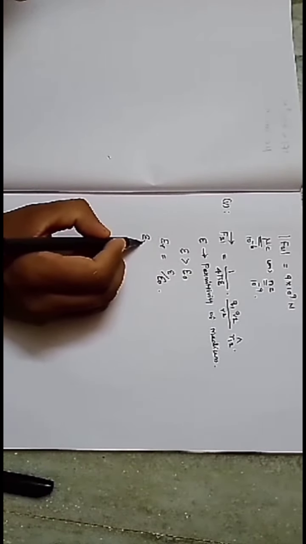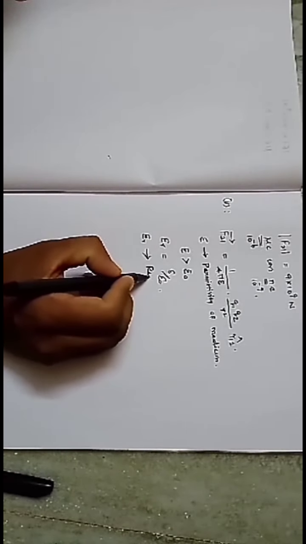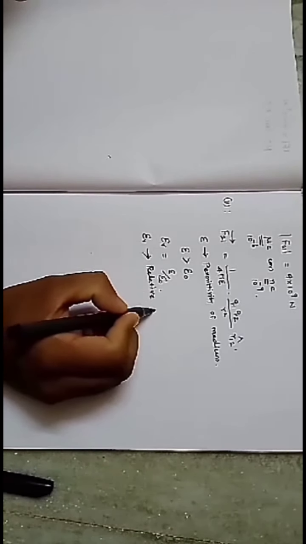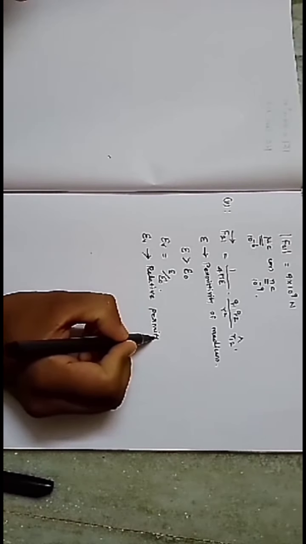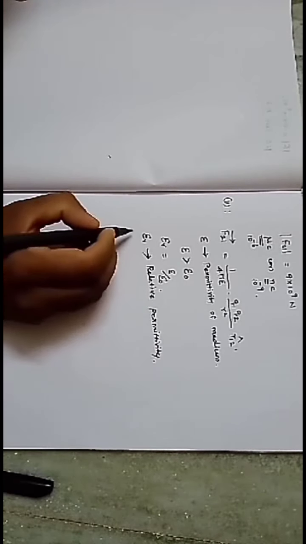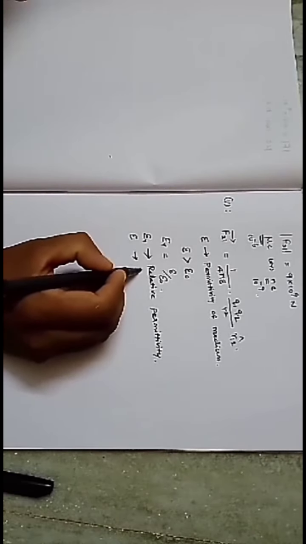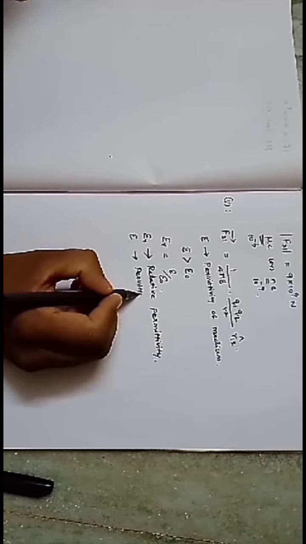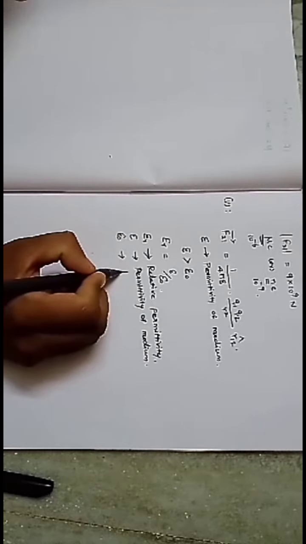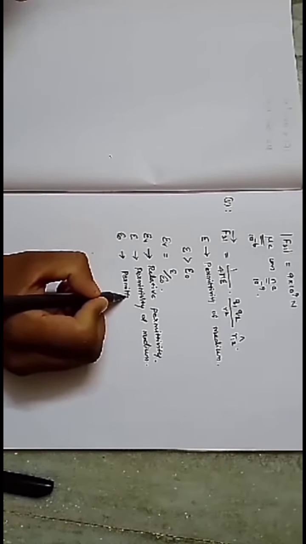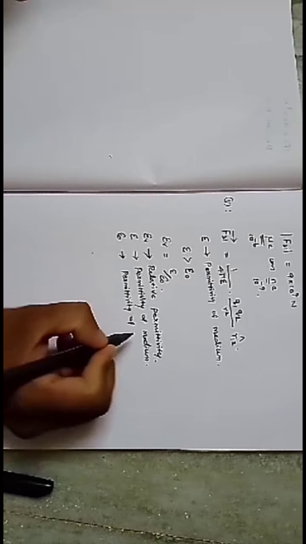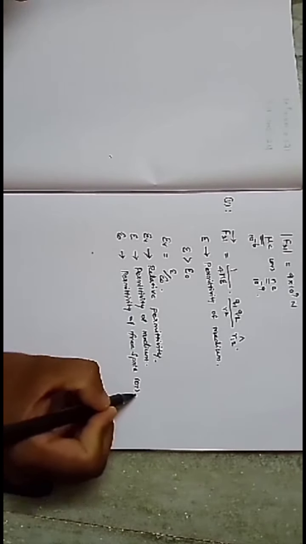Here the epsilon r is called relative permittivity. Already you know epsilon means permittivity of medium, and epsilon naught means permittivity of free space or vacuum.